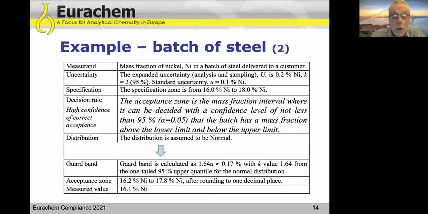Here we assume a normal distribution, and if you do that, you can calculate a guard band. If we look at just one side of the tail, for 95% it's not 2, it's 1.64. And if we do that, we get an acceptance zone from 16.2 to 17.8 instead. And the measured value is 16.1, so it's not compliant.